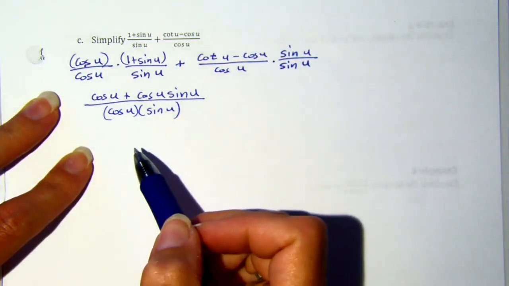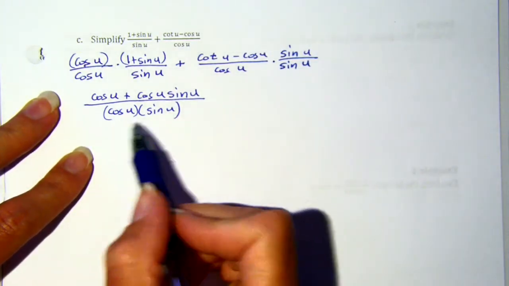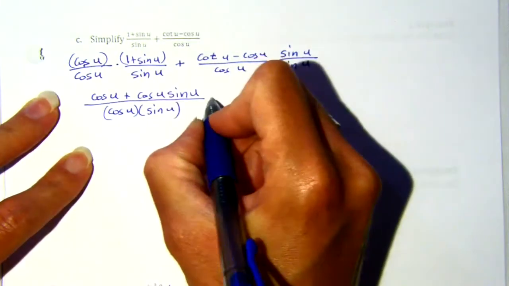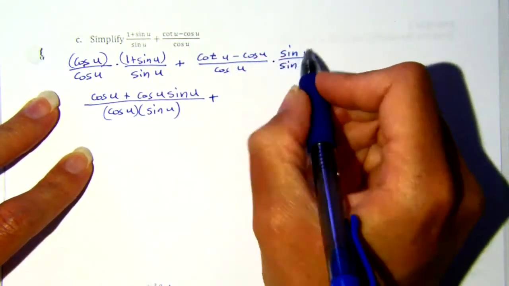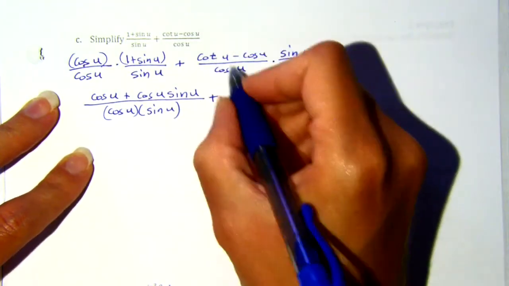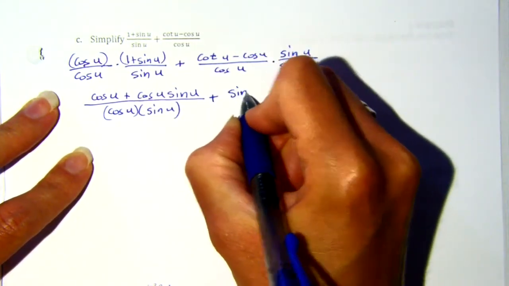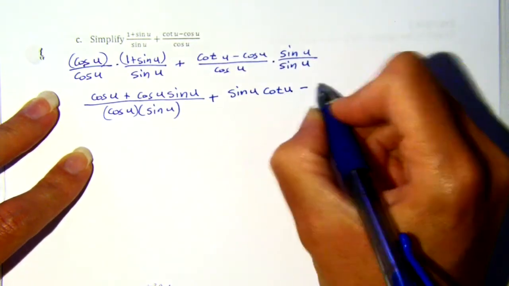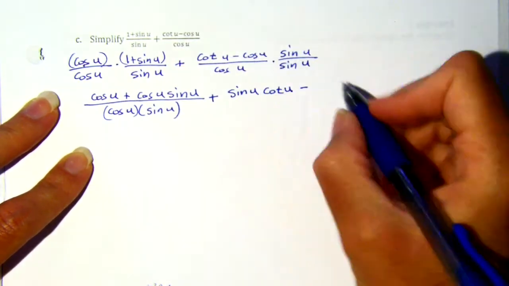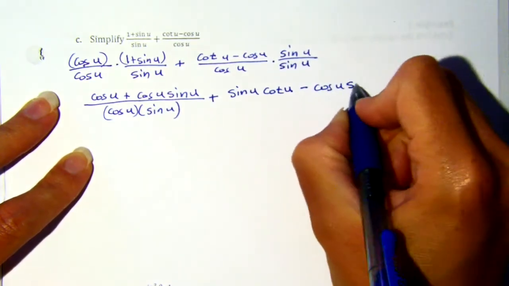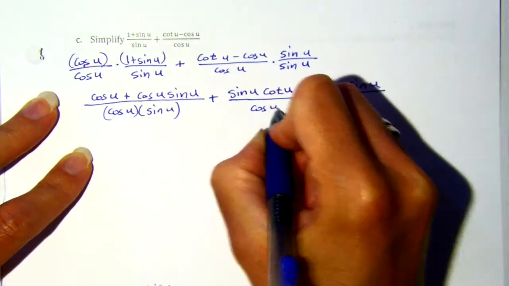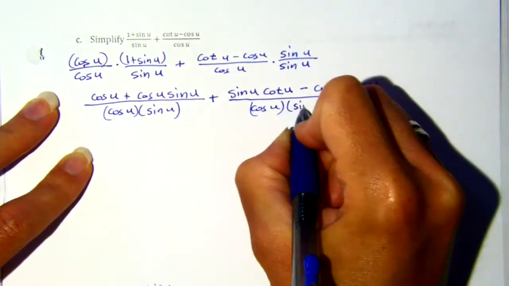And that would just undo everything that we just did because we wanted cosine in the denominator, so we would have a common denominator. On the right side, we're going to distribute sine of u to cotangent of u. So we get sine of u times the cotangent of u minus cosine of u times the sine of u divided by cosine of u times the sine of u.